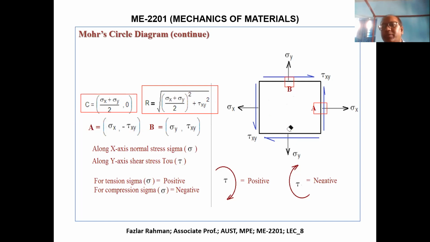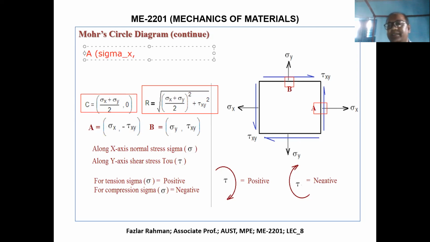So if you would like to draw the circle, I have to draw a graph, right? So you figure out the coordinate of point A. What will be the coordinate of point A? If you look, what is the x coordinate of point A? The x coordinate is the normal stress, sigma x here, and it is tension, so we can say positive sigma x.